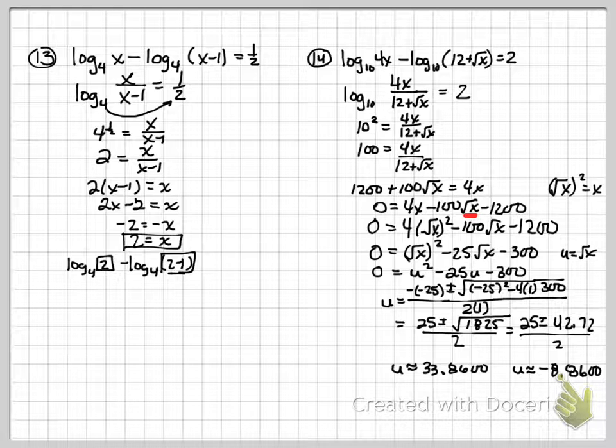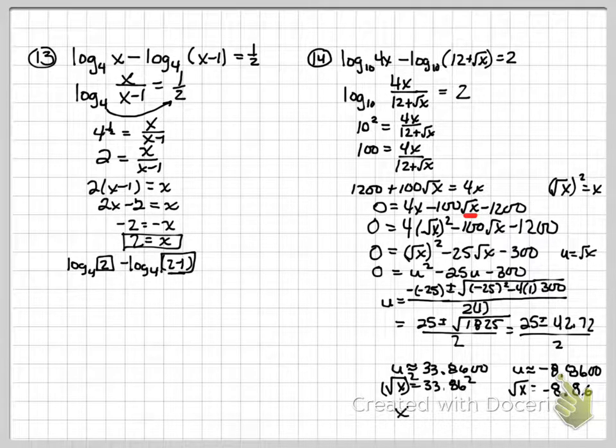Replace that square root of x with each of those. I'm going to drop the zeros off, guys. And square root of x equals negative 8.86. Okay, now we got to look at it. Can the square root of x equal 33.86? Yeah, that's a positive number. We can do that. To get rid of that square root, I'm going to square both sides.